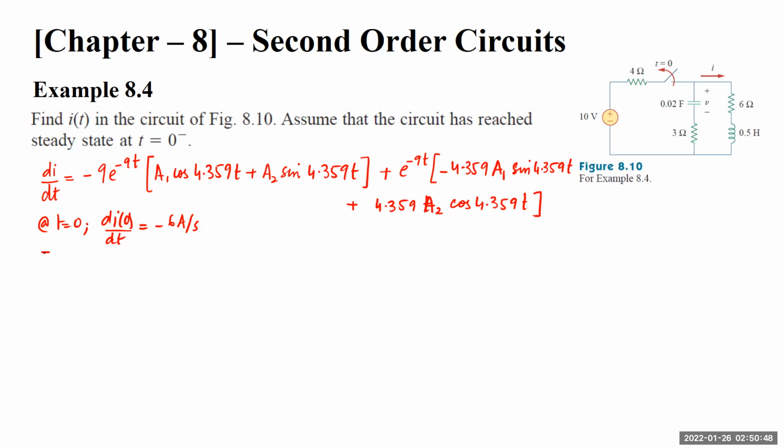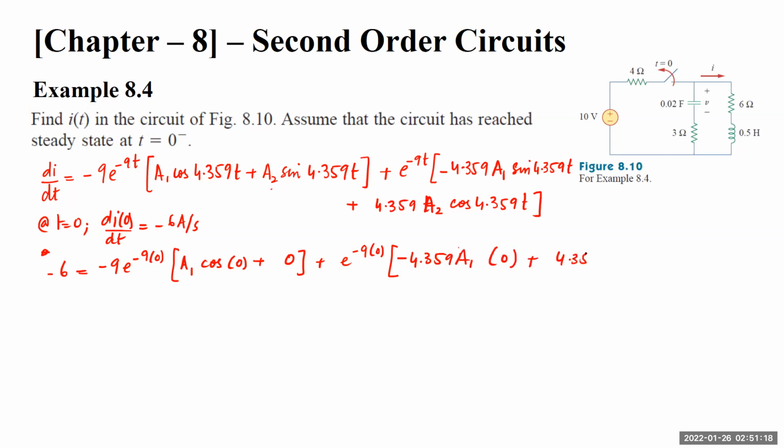So this value becomes minus 6 equals minus 9 e raised to power minus 9 into 0, times a1 cos of 0, which is 1, plus a2 sine of 0, which you can neglect as 0, plus e raised to power minus 9 into 0 times minus 4.359 a1 sine term, which is 0, plus 4.359 cos of 0 multiplied by a2.